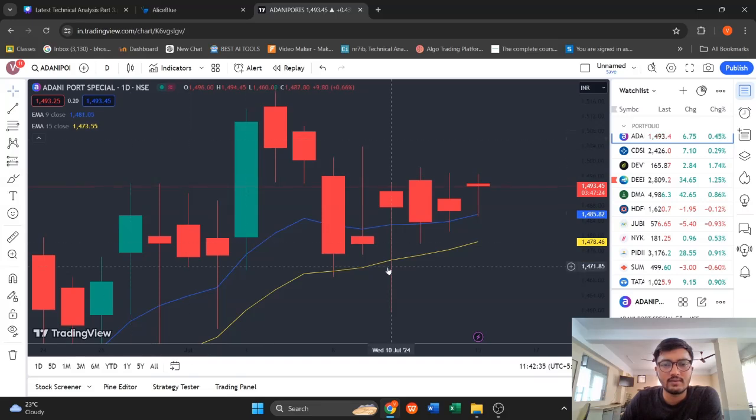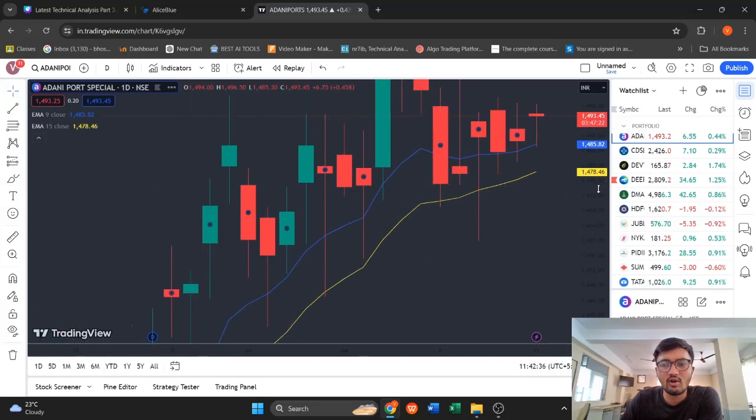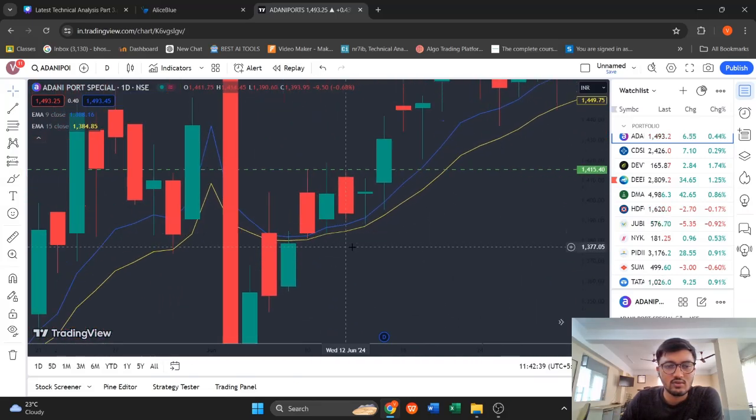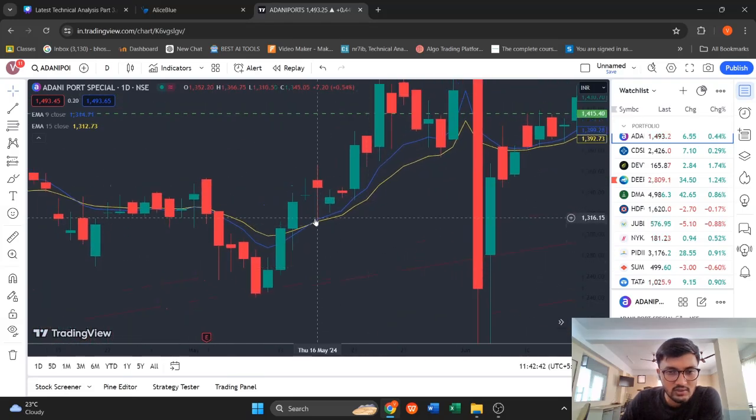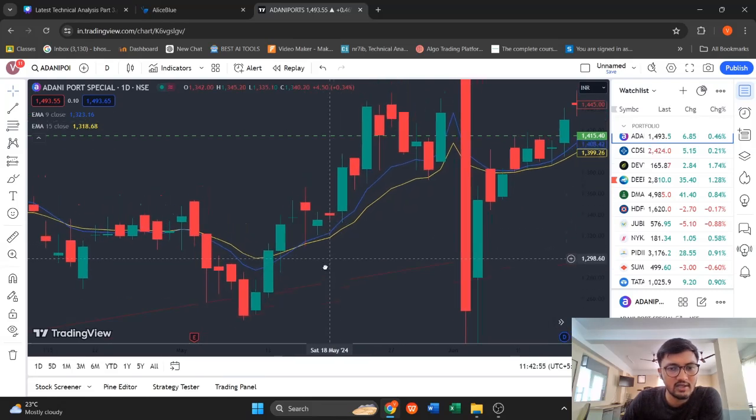So you can see, as soon as it crosses over, I'll just show you. Here, as soon as the 9 EMA crossed the 15 EMA, the 15 EMA was greater, and at this point the 9 EMA crossed the 15 EMA.